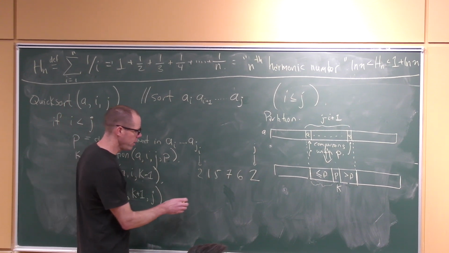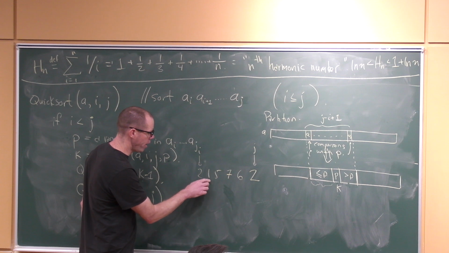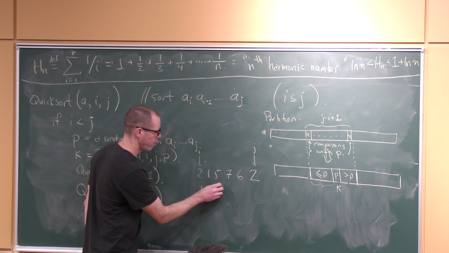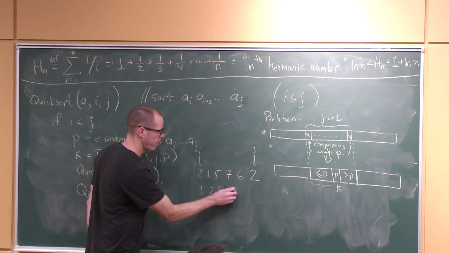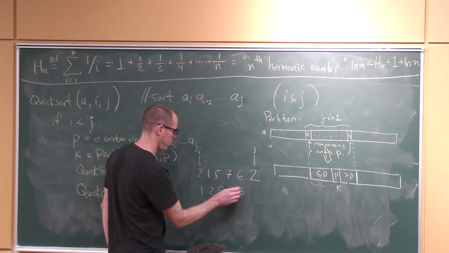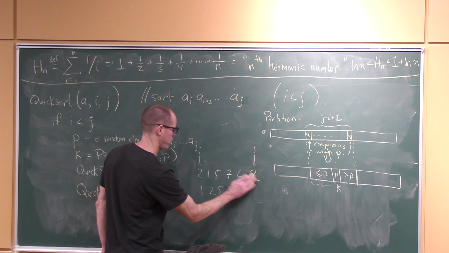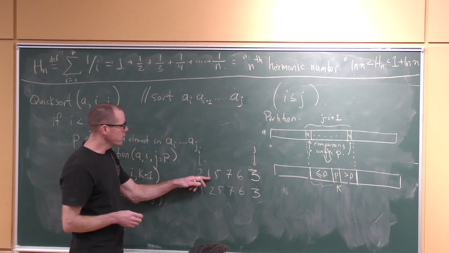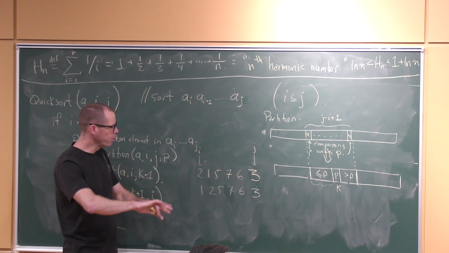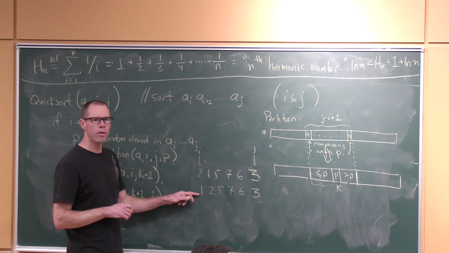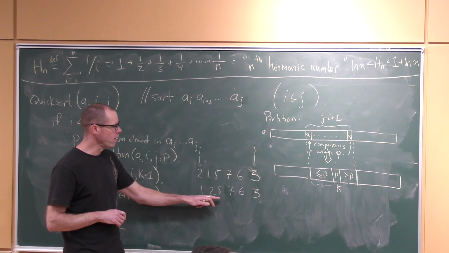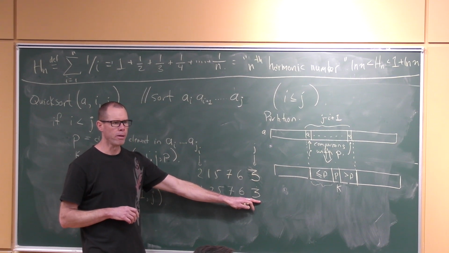Well, when I partition, everybody gets compared to 1. Let's put 3 there. Everybody gets compared to 1, and it gets split into 2 parts. The stuff that's smaller than 1, but nothing is smaller than 1 itself, and then all the stuff that's bigger than 1, and that's this part here.